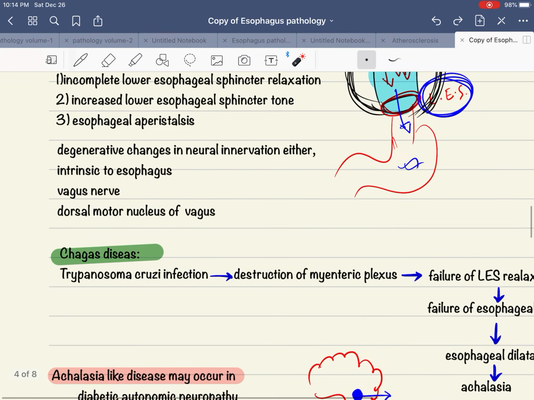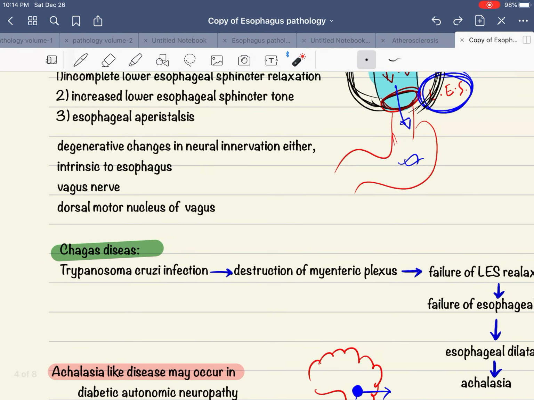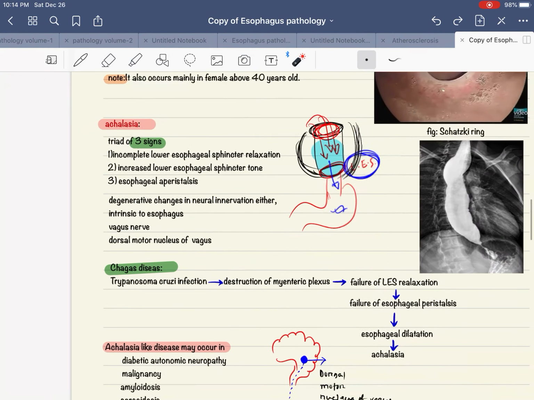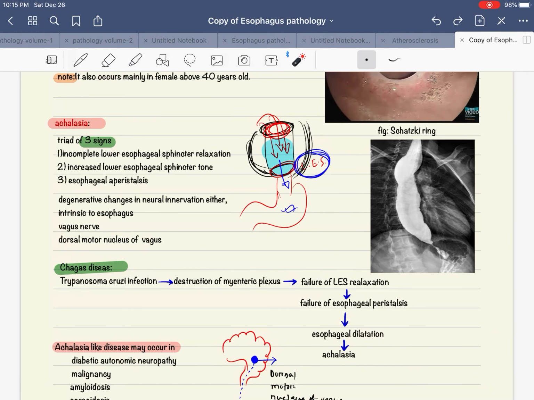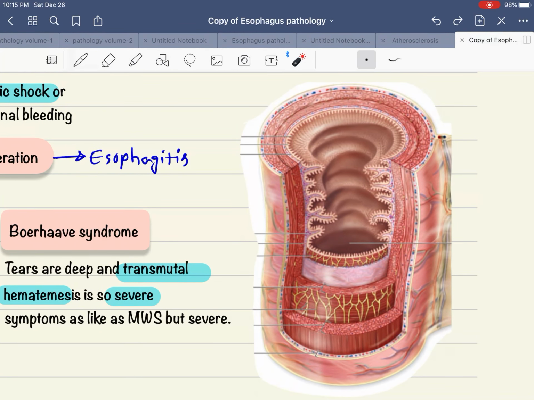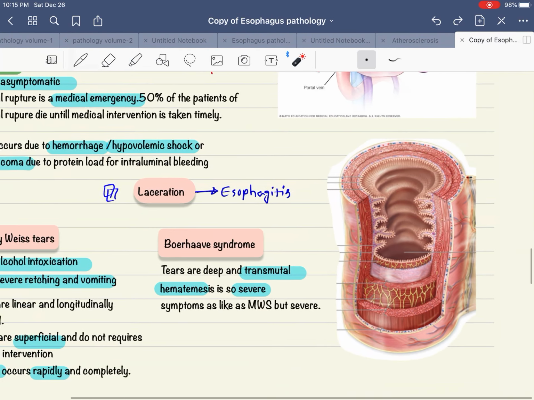Another is Chagas disease. What is Chagas disease? This is an infectious disease. Whenever Trypanosoma cruzi infects you, it will cause destruction of the myenteric plexus of the esophagus. We all know that the esophagus has four layers mainly: this is the mucosa, this is the submucosa, this is the inner circular layer, this is the outer longitudinal layer, and this is the adventitia.